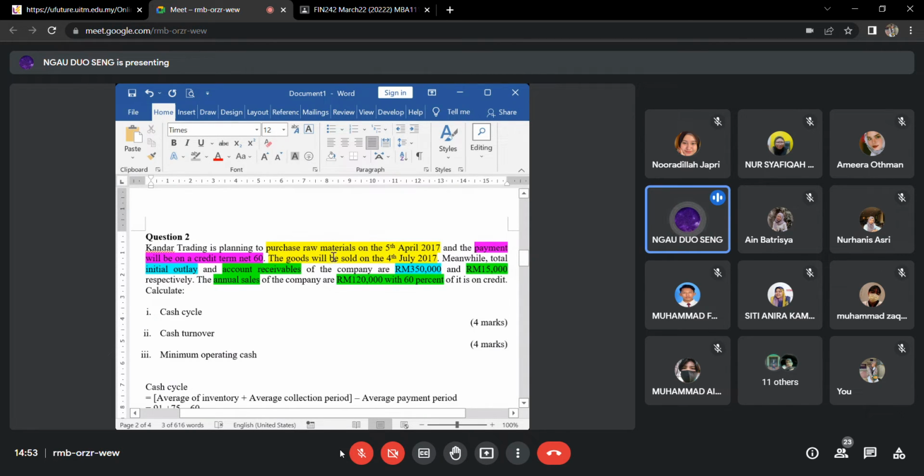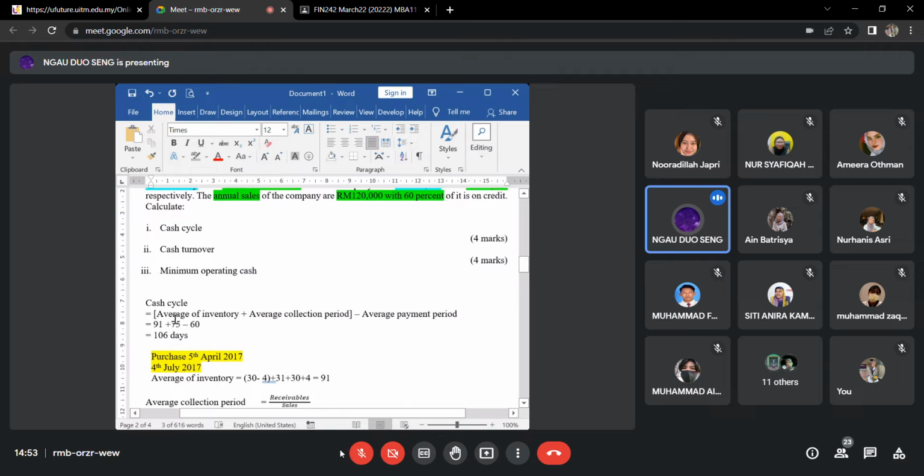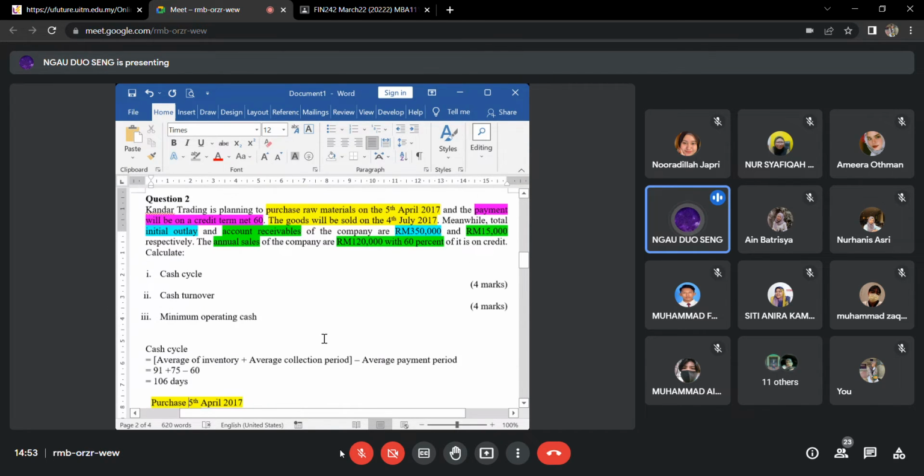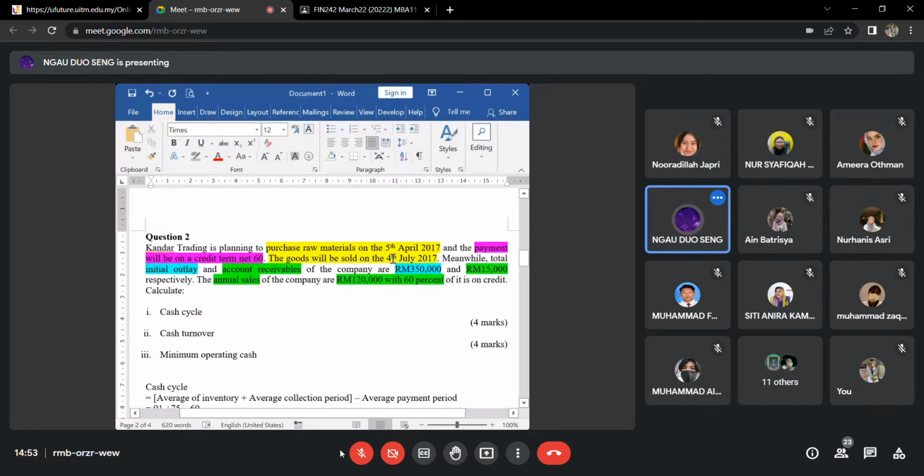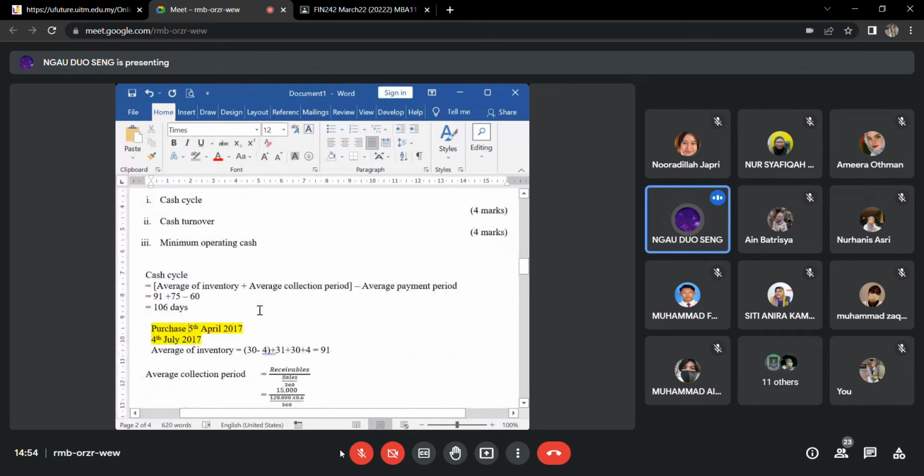Then the goods will be sold on 4 July. So this is the average of inventory. We calculate the average inventory from the day he buys the raw material until he sells. Since he gave us the dates, he bought on 5 April and will sell on 4 July, so we calculate. April has 30 days.